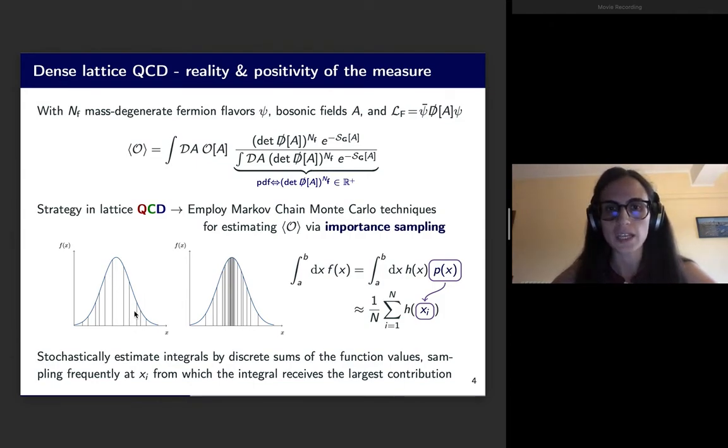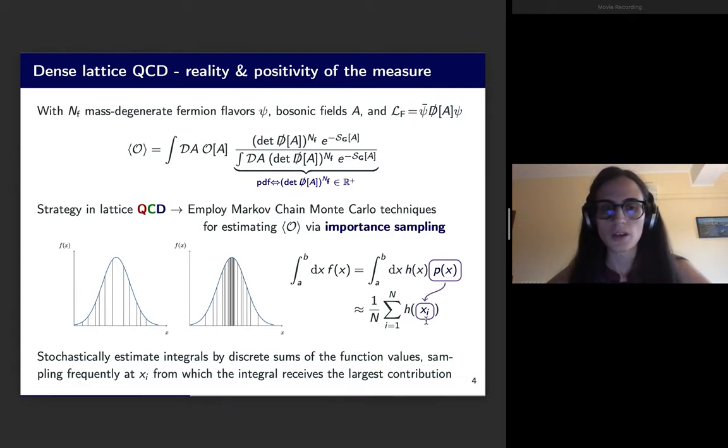This goes under the name of importance sampling, and it can be summarized in this formula for the one-dimensional example, where you basically factorize the integrand in two pieces. The choice of the two pieces is made based on the fact that you want h of x to be as flat as possible, and then you use p of x to sample the abscissa.